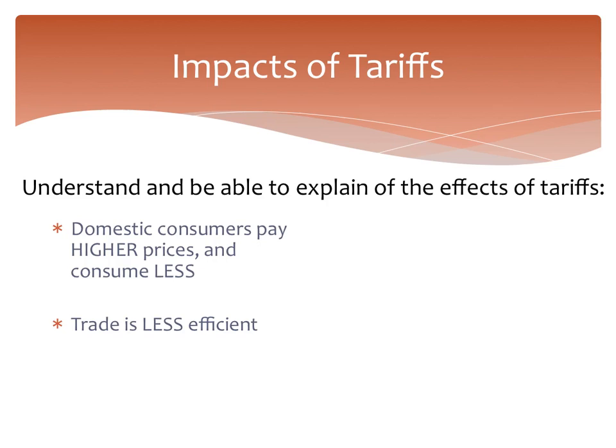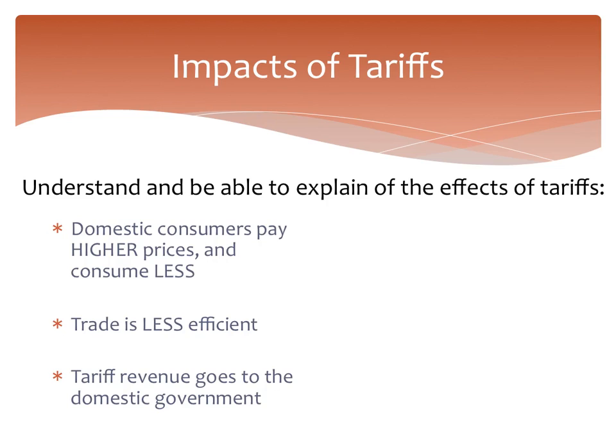Trade becomes less efficient. The reason for that is that we essentially are shifting trade from the highest efficiency producers to the less efficient domestic producers. So overall, we see a loss of efficiency in the trade system. An interesting point is that the tariff revenue or taxation revenue will end up in the government pockets.